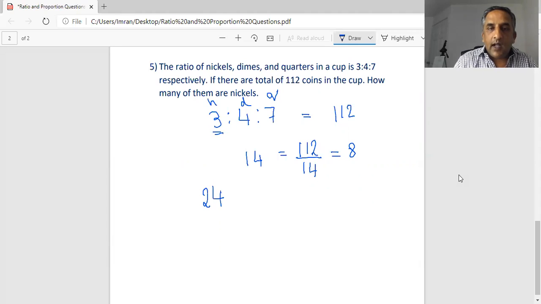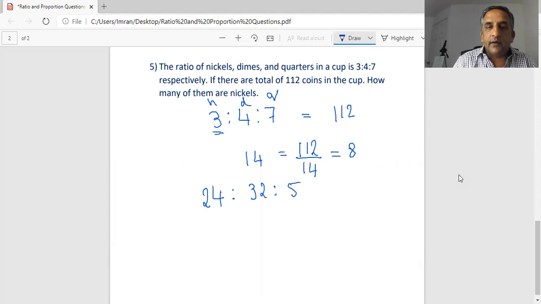And for example, if they ask you to work out how many dimes there are, because there are 4 in the ratios, we times 8 with 4. That will be 32. And 8 times 7 is 56.